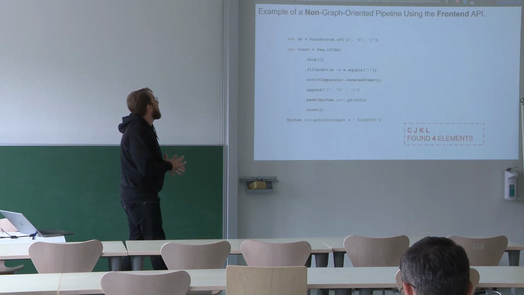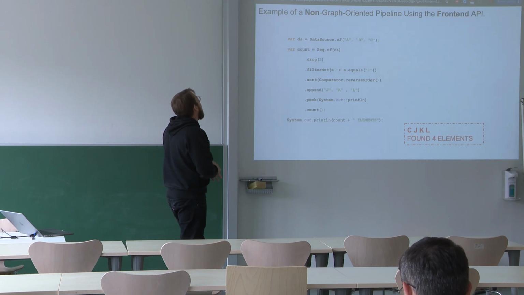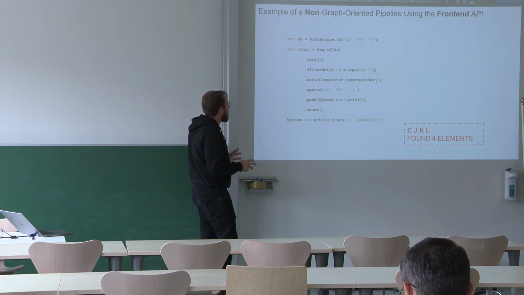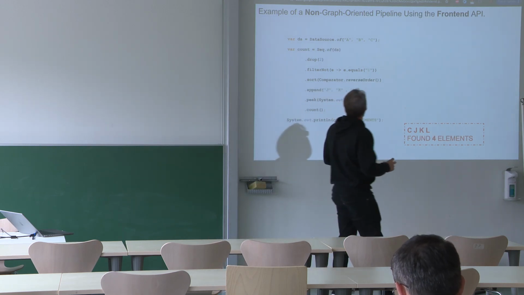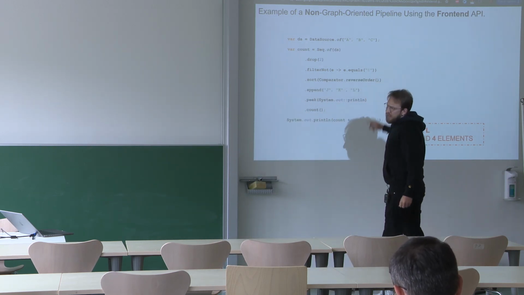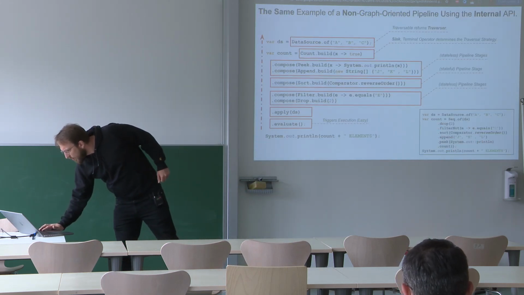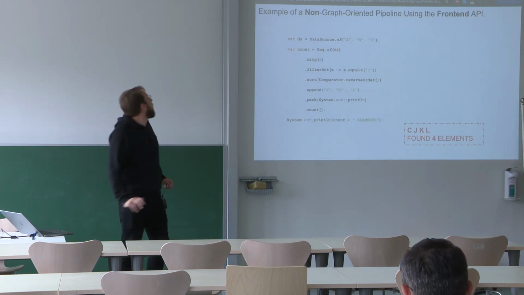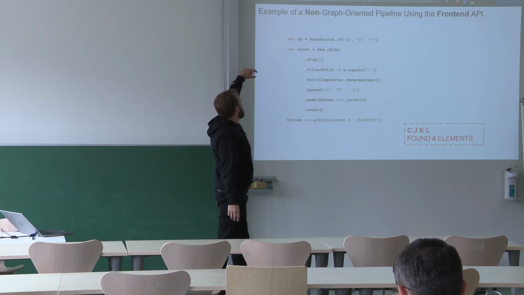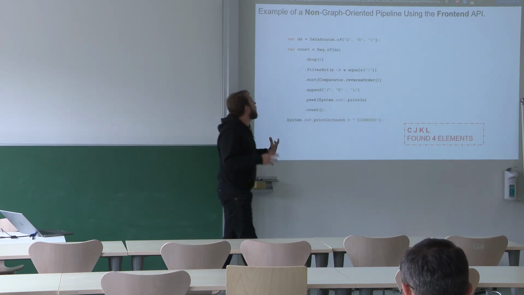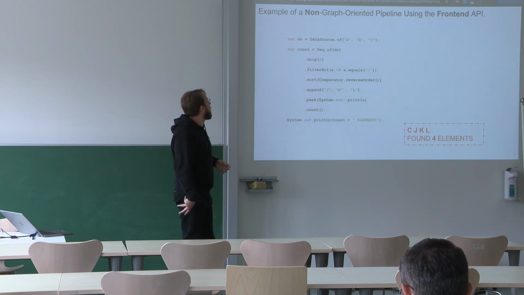This is an example that doesn't use graphs with our front-end API, and I think it's very clear to understand, right? So we have a data source, and we call a sequence on this data source. This is how we actually call this container.